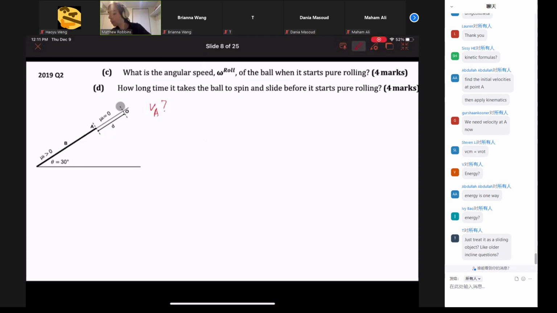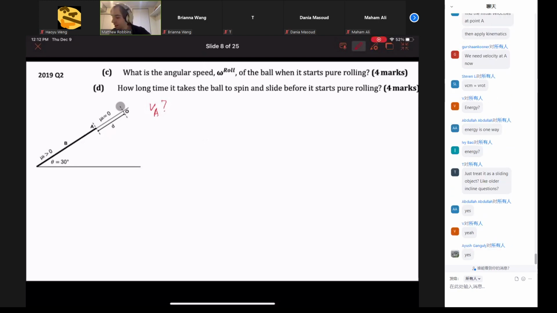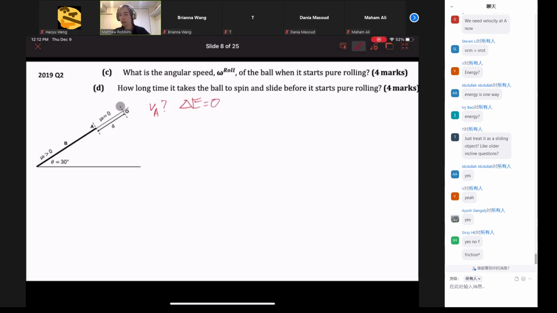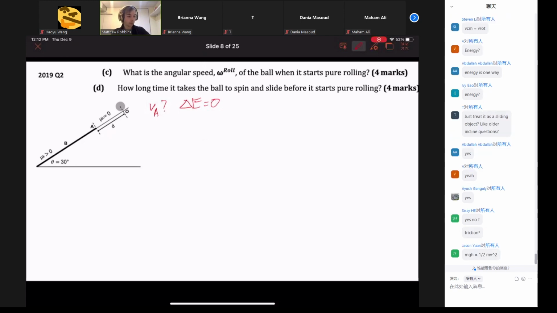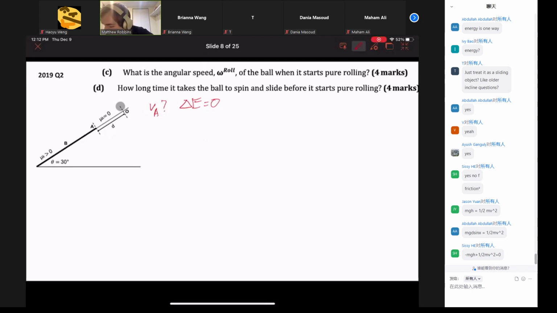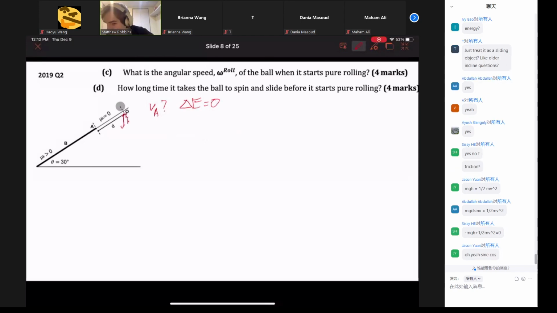Is energy conserved over the distance d? Yes, it is. So change in energy equals 0. What's going to be my conservation of energy equation? I'm going to write that as height h, and as people are saying in chat, we can know what h is from trigonometry.